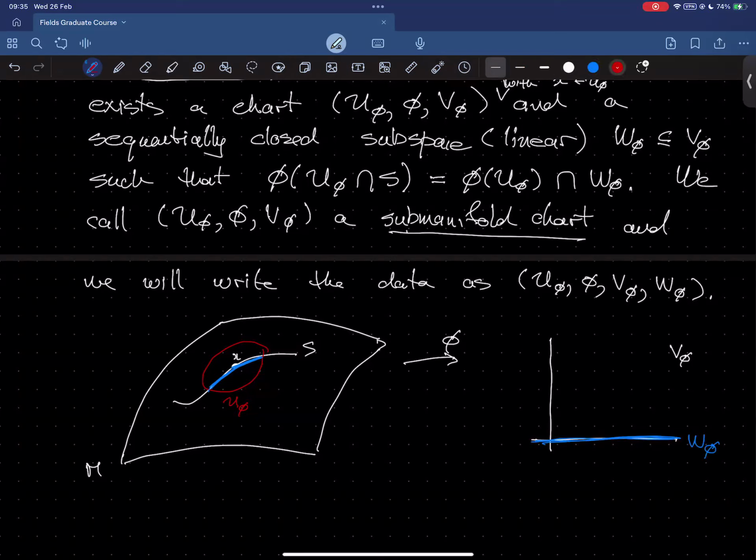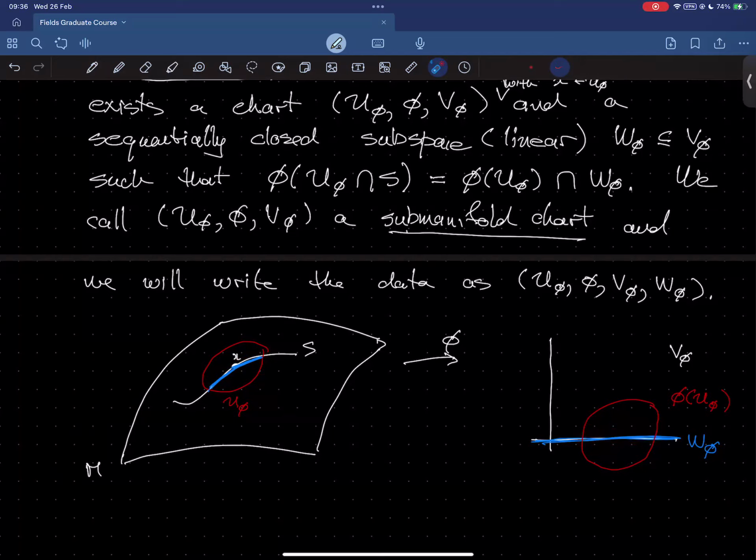The chart phi maps U phi into some subset here, which is phi of U phi. The definition just says that the points in U phi which are also in S are mapped onto this subspace W phi.